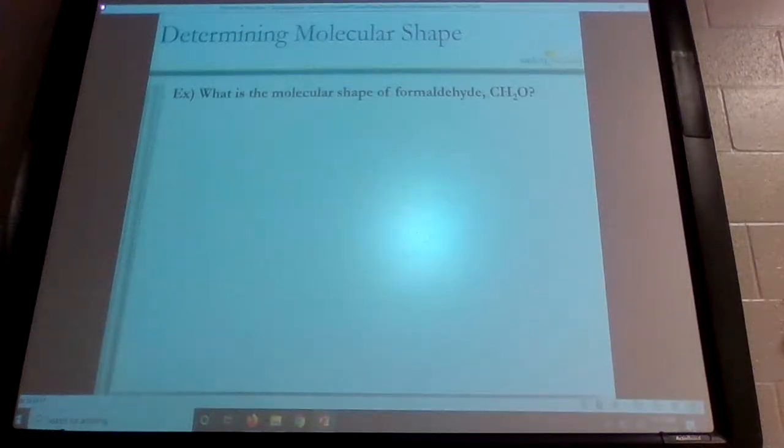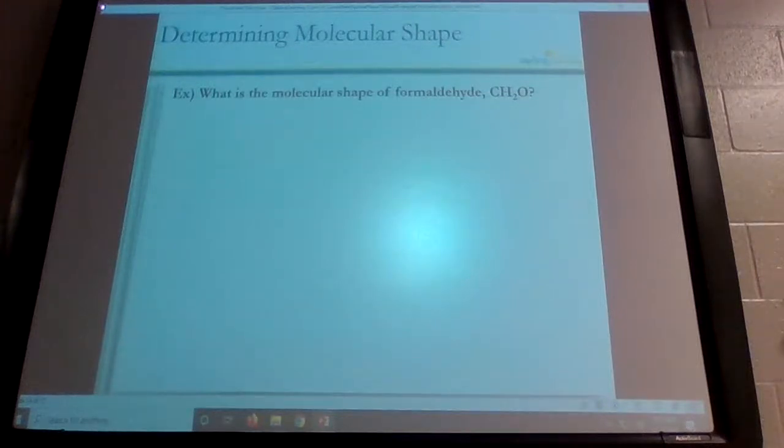So how many bonds do I have around my central atom? Well, bonding regions or groups. There's 3. So I have 1 here, and even though this is double, it's just going to count as 1 kind of region of electrons. So that's going to be 3. So I have 3 bonds and no extra electrons up top.